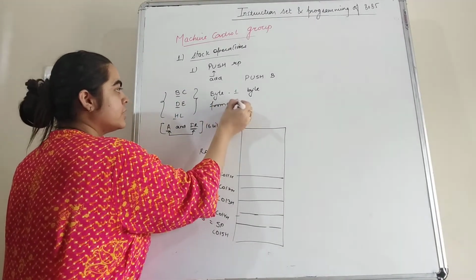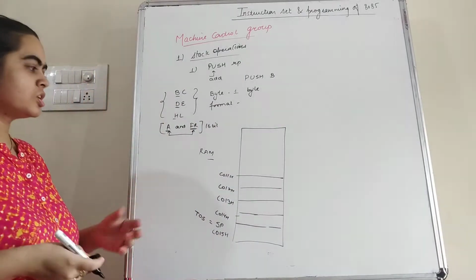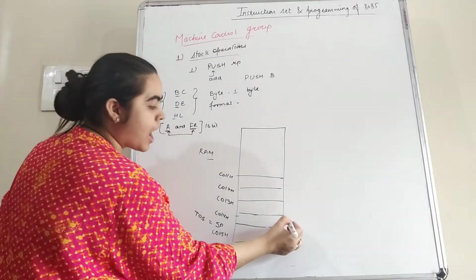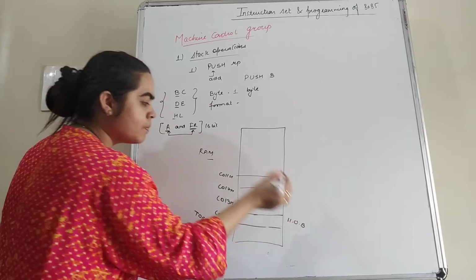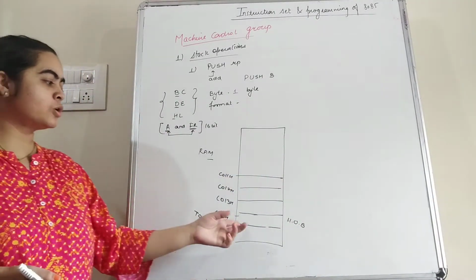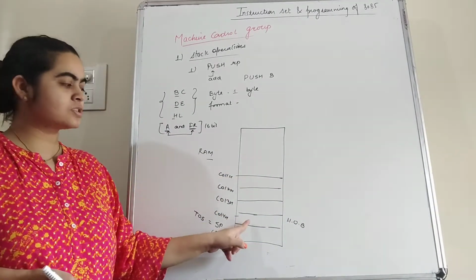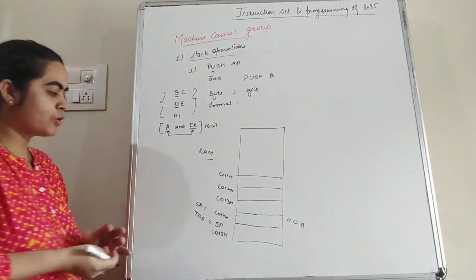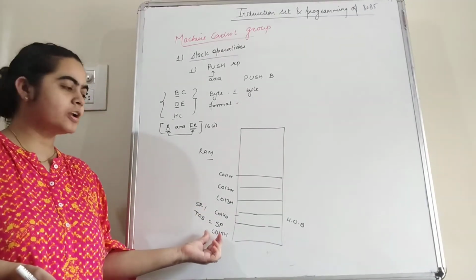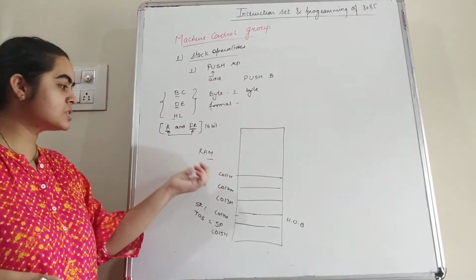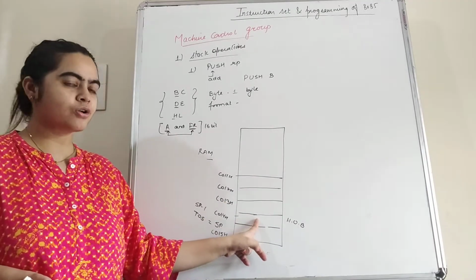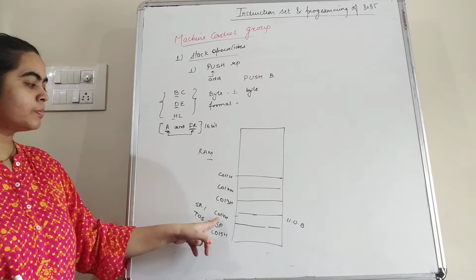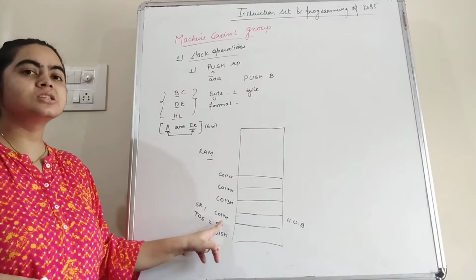Next is the format. When we push the content, the higher order byte is moved to the memory location next to the stack pointer, which is SP-1, because the current address of the stack pointer is C015. So the higher order byte is pushed into memory location C014.